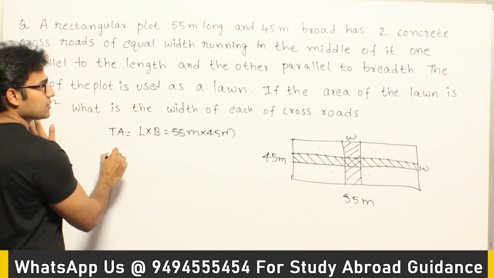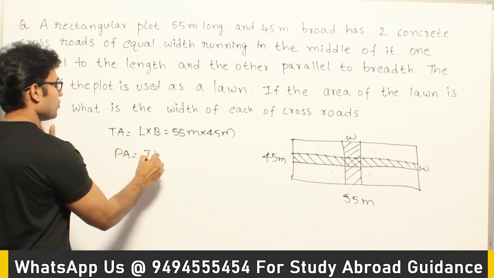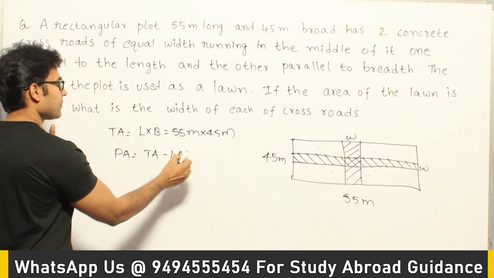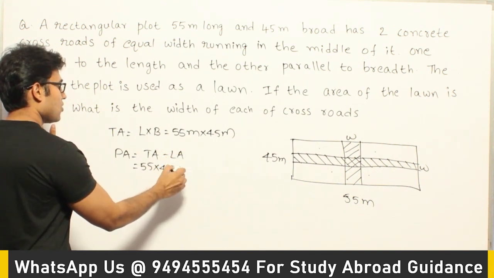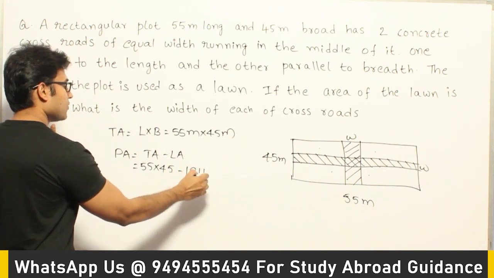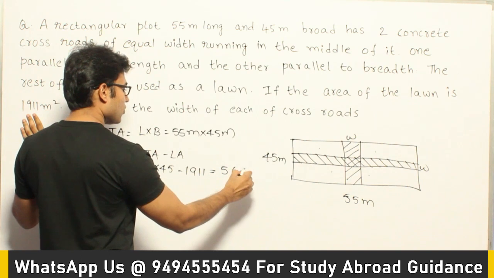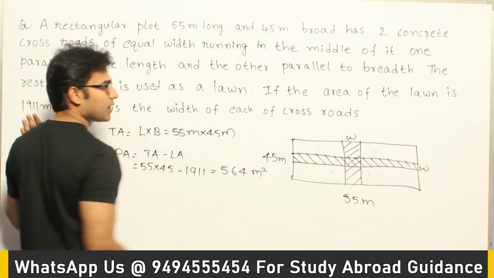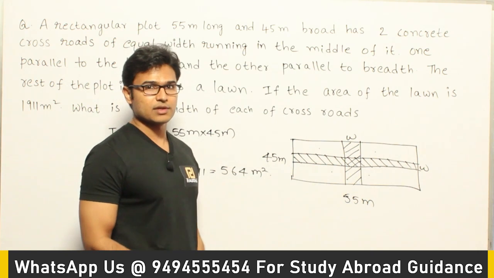Path area is equal to total area minus lawn area. Now total area is 55 into 45 and lawn area is given as 1911. Therefore you are going to get 564 meters square. So this entire part is going to be 564 meters square.